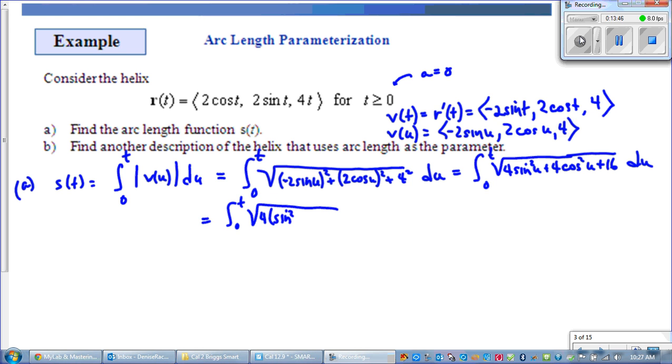Factoring 4 from the first two terms, we get sine squared plus cosine squared, which we know is just 1.